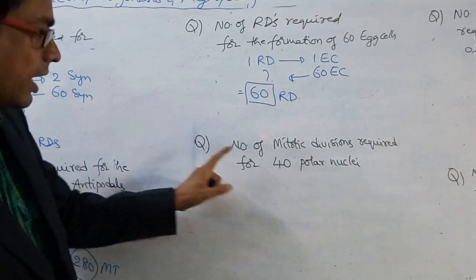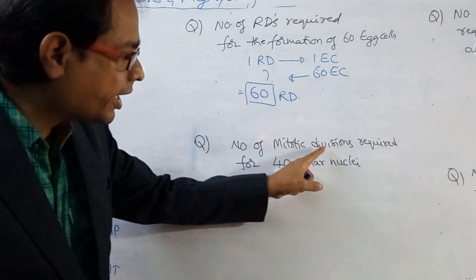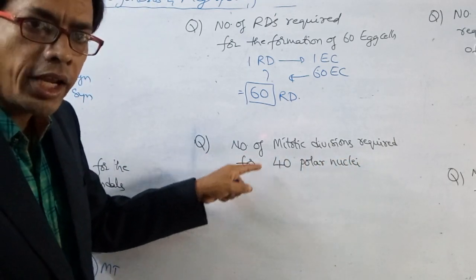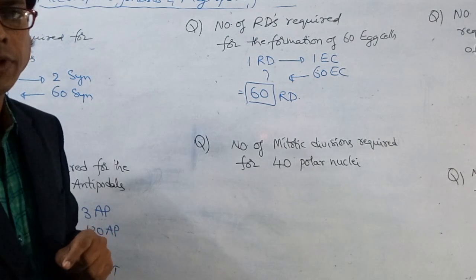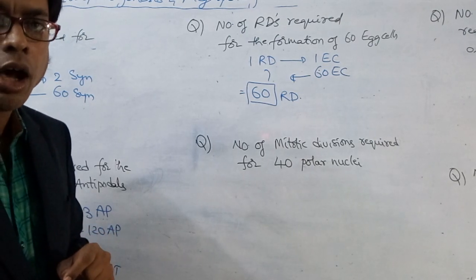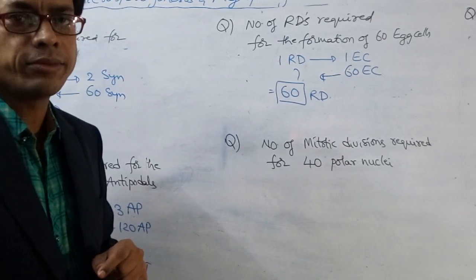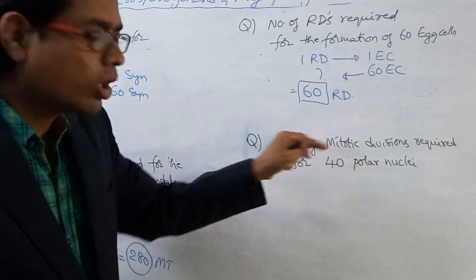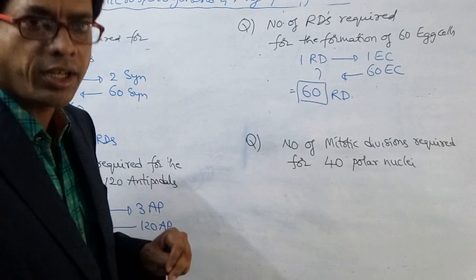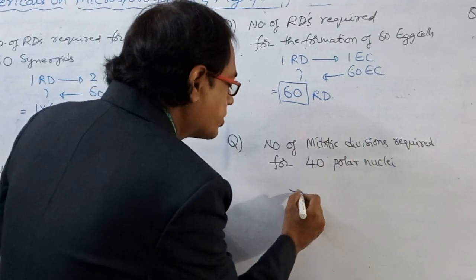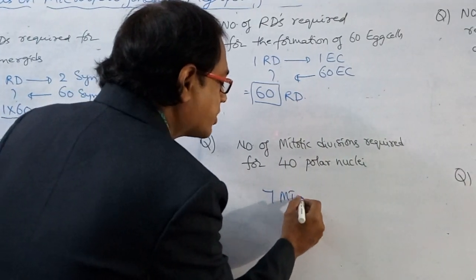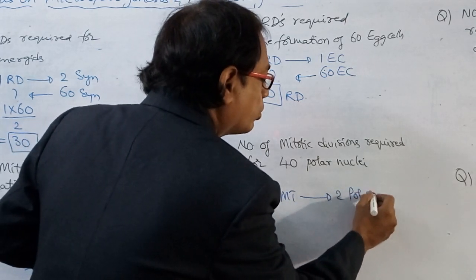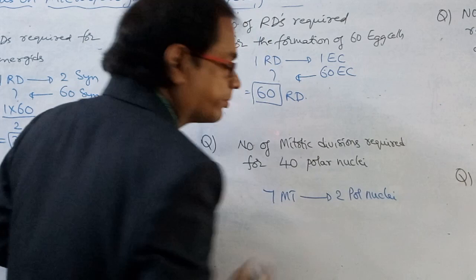Okay. Number of mitotic divisions required for the formation of 40 polar nuclei. In the embryo sac, how many polar nuclei are present? 2 polar nuclei. How many mitotic divisions required? 7. Isn't it? So 7 mitotic divisions are required for the formation of 2 polar nuclei.